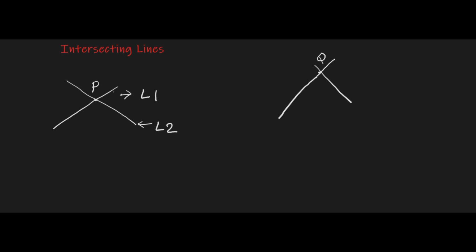In the next figure, these two lines are intersecting at this point X. Those are also intersecting lines, when two lines intersect at one point.